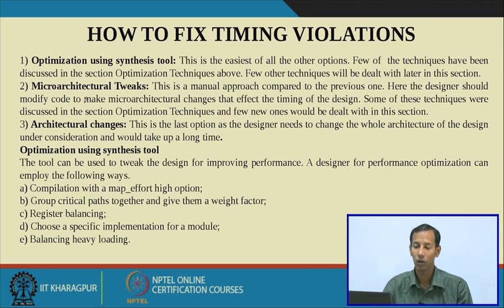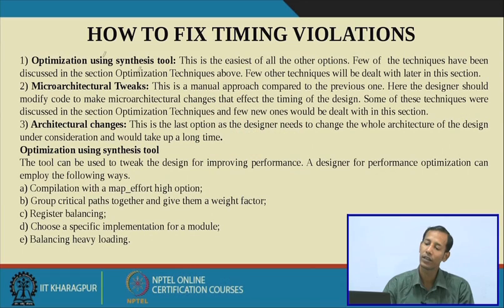Then microarchitectural tweaks. In the last few classes we have seen how we can do resource sharing and the common sub-expression elimination algorithm. These are the architectural tweaks we use for optimizing the circuit, intending to increase its performance.